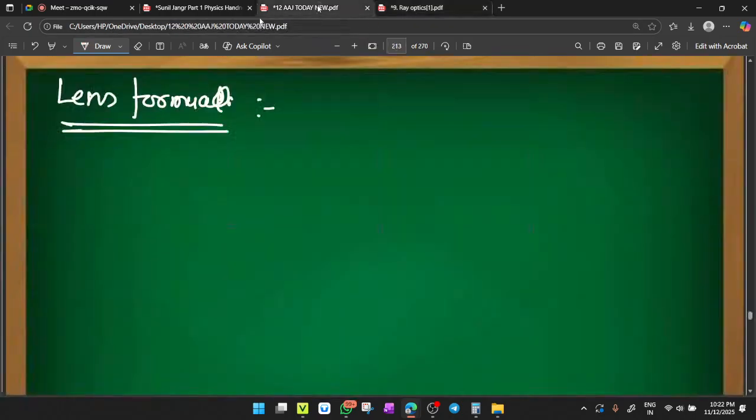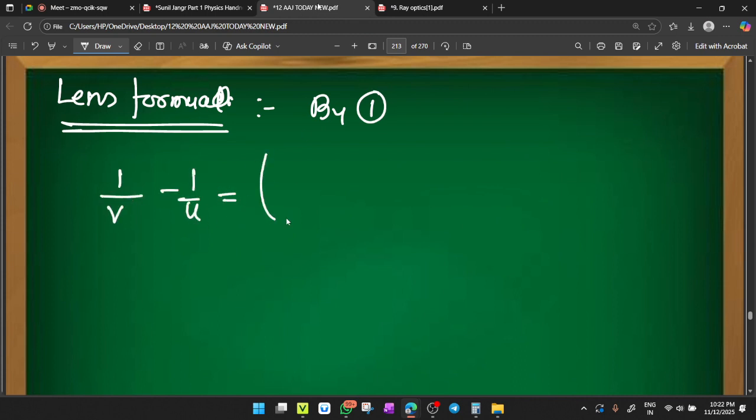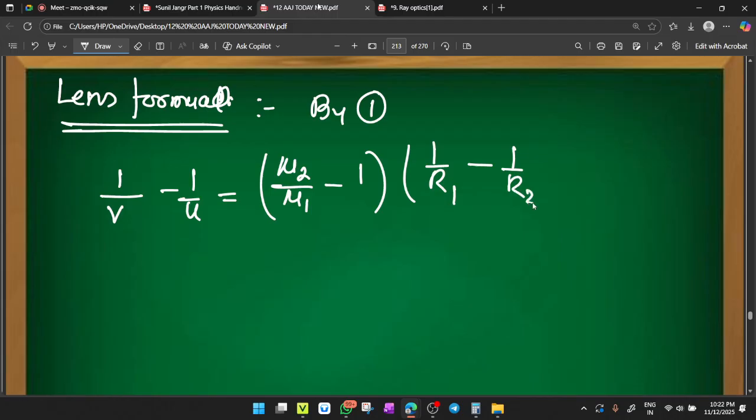Clear? So by equation number 1, we have 1 upon V minus 1 upon U equals mu 2 upon mu 1 minus 1, 1 upon R1 minus 1 upon R2.